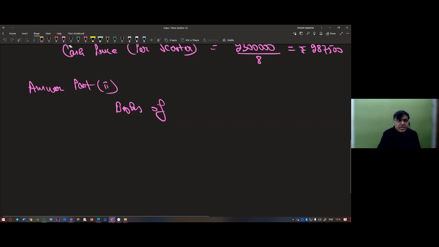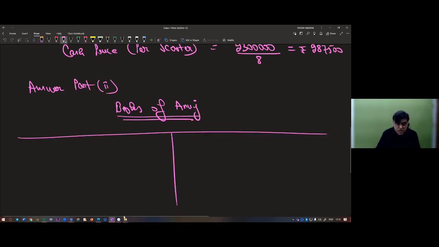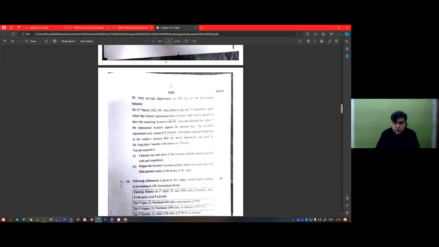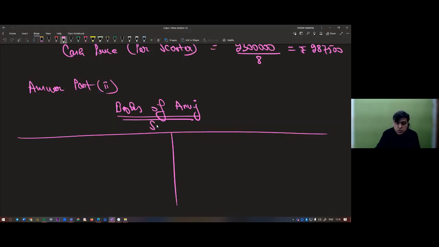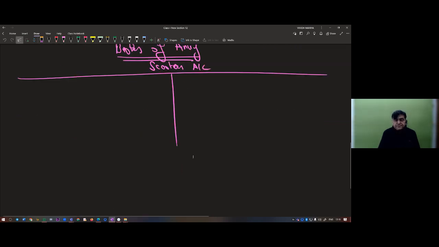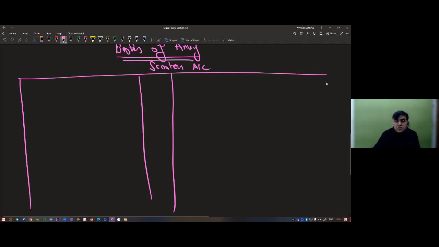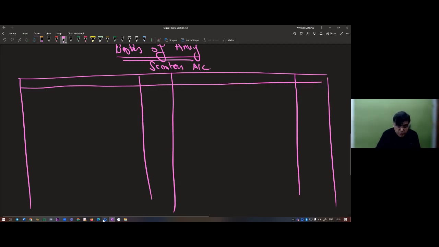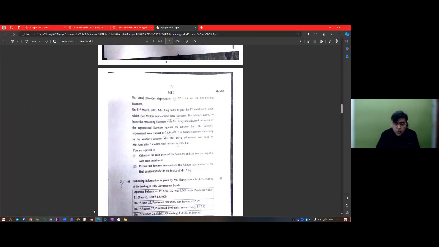We'll get free quickly, guys. In the books of Anuj, we are going to make the scooters account. You have to make the scooters account for how many years? For all the years up to the final payment.